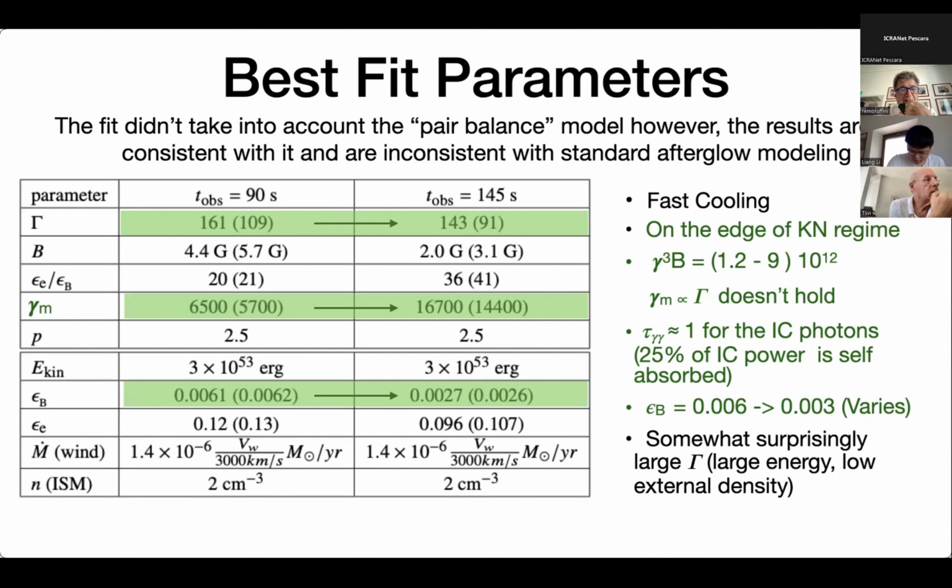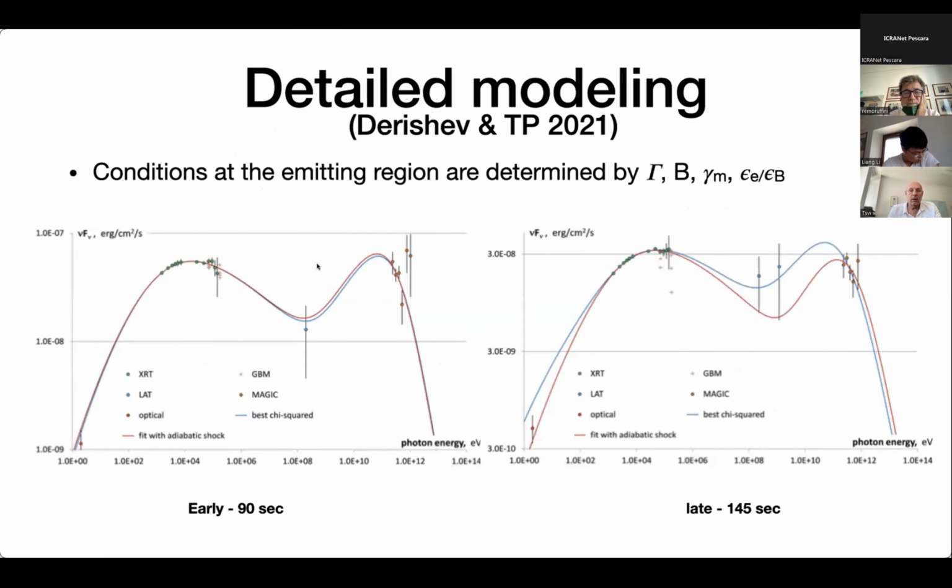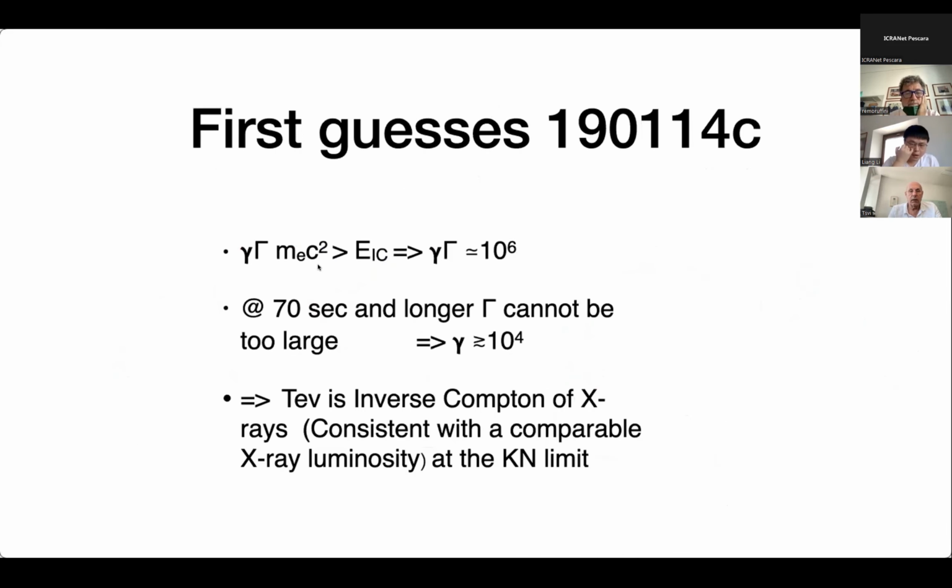Therefore, maybe we will concentrate on one of them, namely 1908-29A tomorrow, I hope, if everyone is okay. Yeah, this was a very interesting burst, 1901-14C, and this is our best fit.